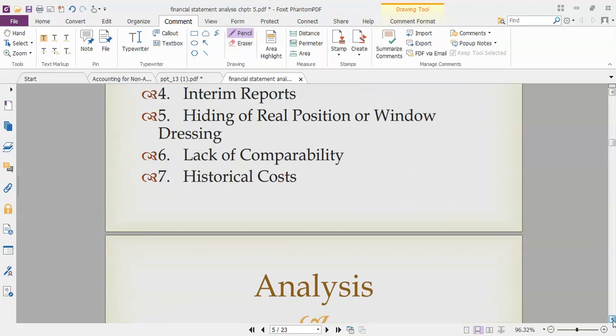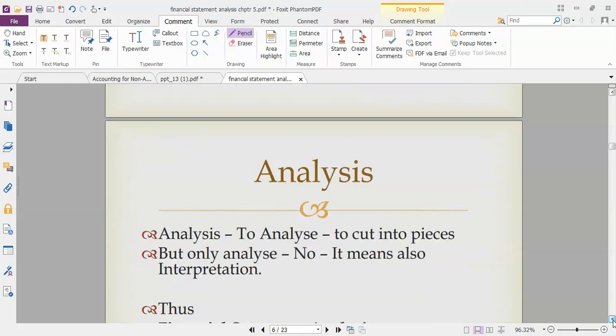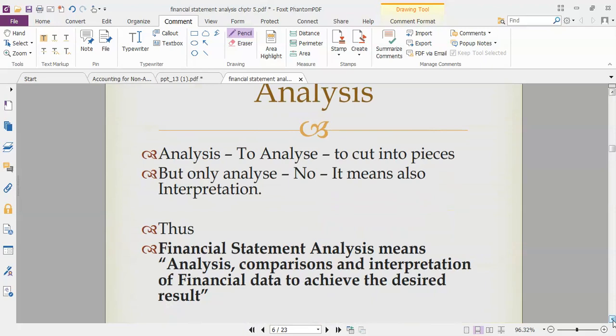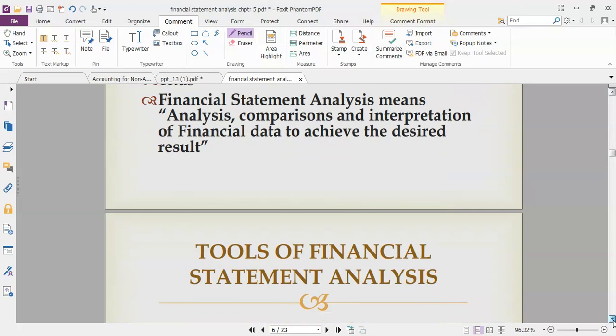That is the limitation of the financial statement. So how can we analyze the financial statement? Financial statement analysis means the analysis, comparison, and interpretation of the financial data to achieve the desired result.